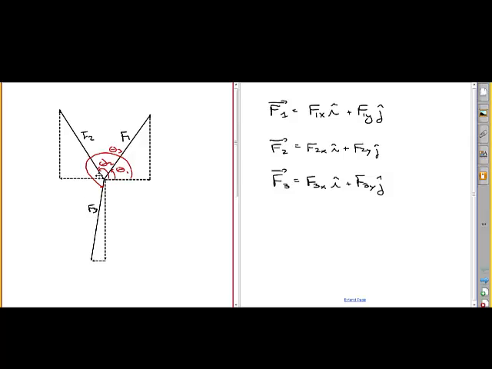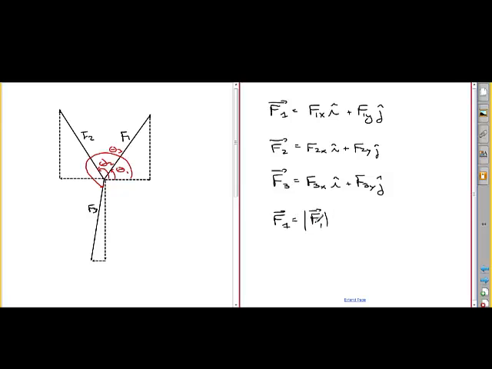Now, a lot of times we do it based on the horizontal surface, so we might take the angle between here and here, but in the strictest sense of not having to worry about signs, the F1 vector would be the magnitude or the length of vector 1, which we show with absolute value signs.